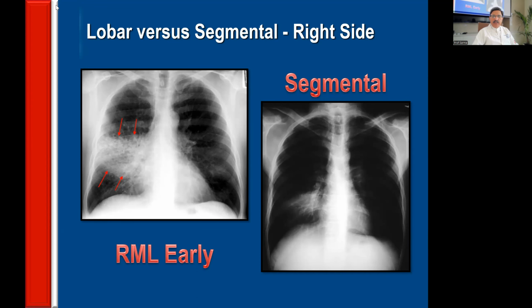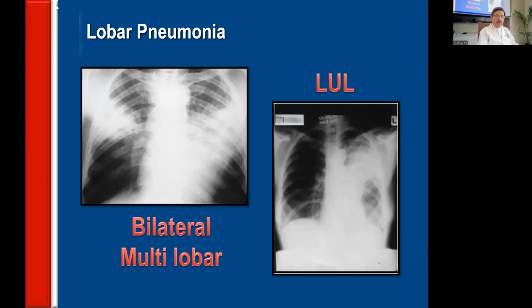You can see nicely, this is bilateral lobar pneumonia. The right side middle lobe and the left side upper lobe are involved. Bilateral multilobar involvement. Who is such a patient?